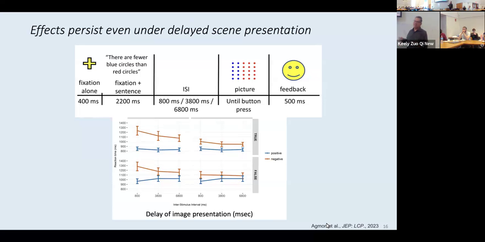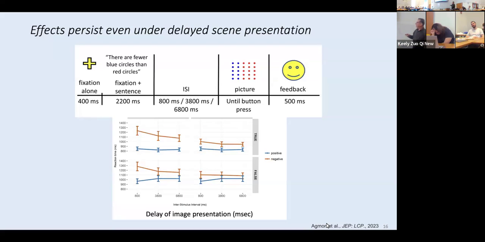And Galit Agmon, an ex-graduate student of mine, who's now at the medical school at Penn, tested that. What she did was she kept increasing the distance between the sentence and the subsequent image. The idea was, well, if you strip something off its negation in an abstract or concrete way, then if I give you some more time, you're going to manage to beat the clock and there's going to be no difference.